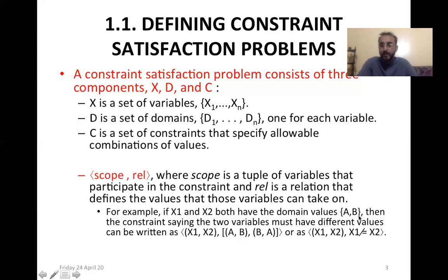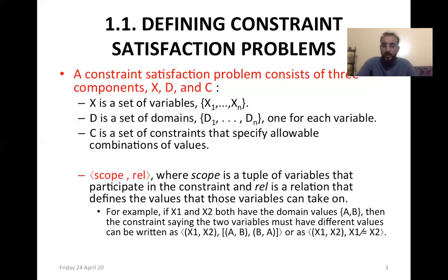So a and b are the values for these variables x1 and x2. We want to assign these values to these variables, but there is a constraint that x1 and x2 would not have the same values.